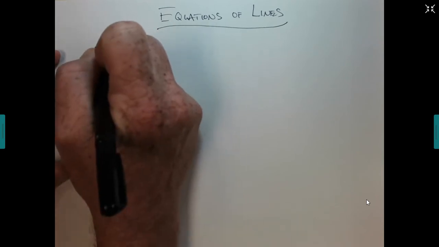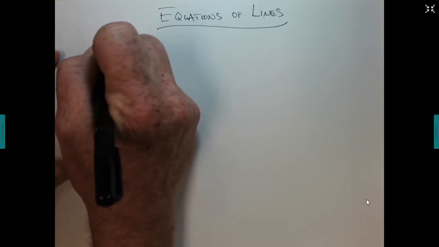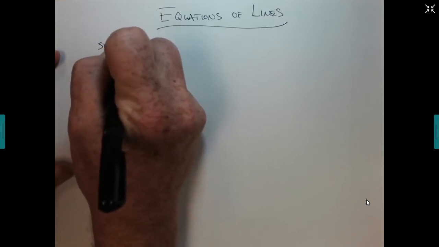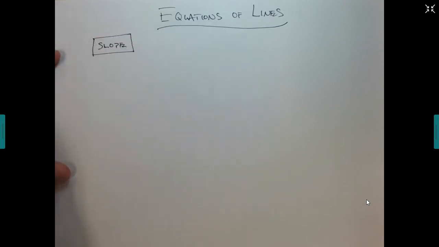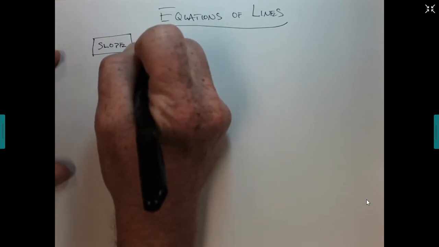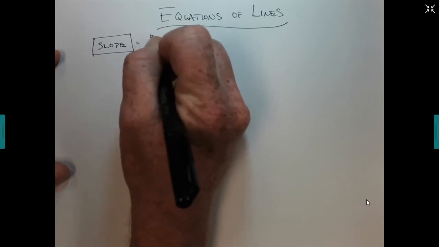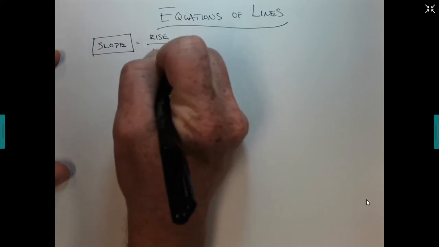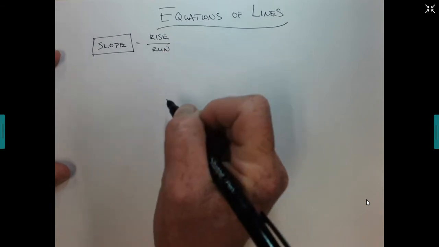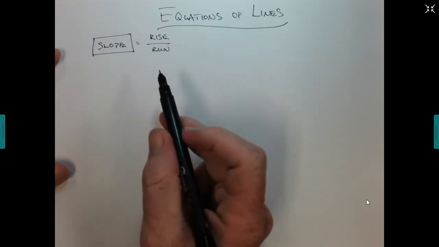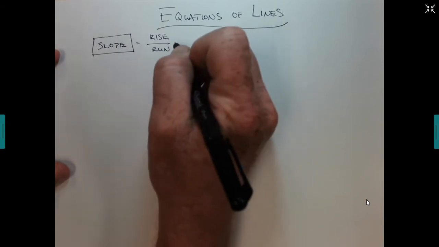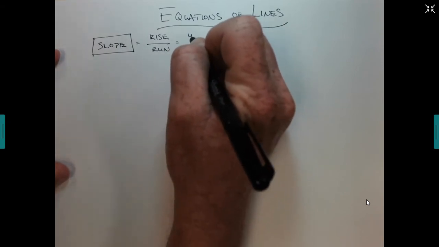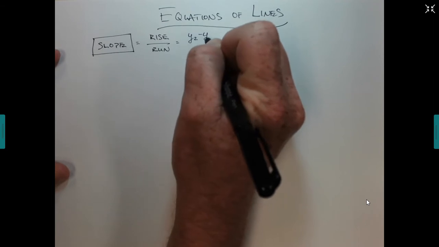One of the major concepts with equations of lines is going to revolve around the concept of slope. Huge deal. If I were to ask the kids in class, most everybody would relate that, oh, that's rise over run. It's a ratio comparison between the rise and the run of a line. Now you can compute rise and run by using the slope formula.